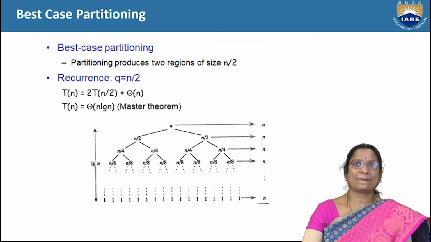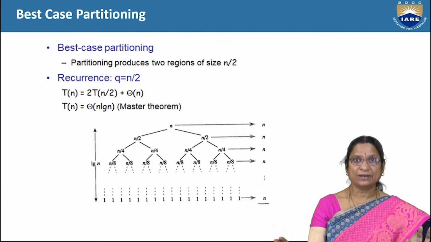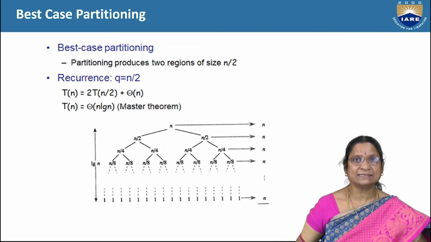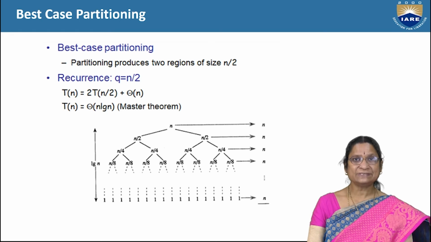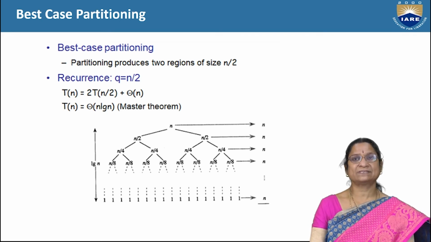Best case. Best case partitioning means partitioning produces two regions of almost the same size, n by 2. Then we can say it occurs as the best case. That means the recurrence is considered with q equal to n by 2. That is, T of n is equal to 2 into T of n by 2 plus theta of n for partitioning.